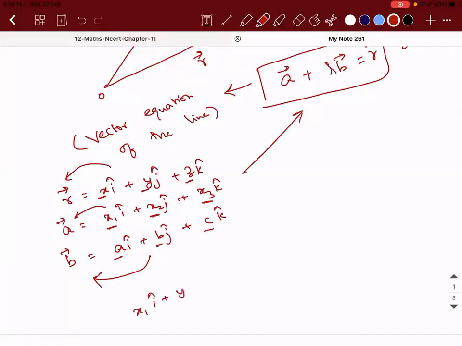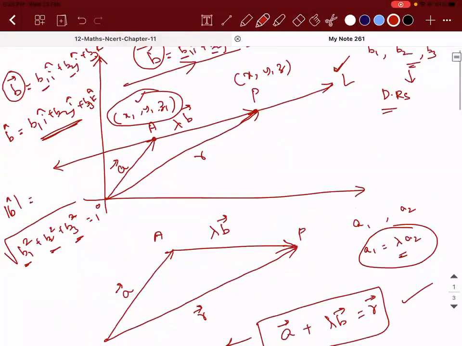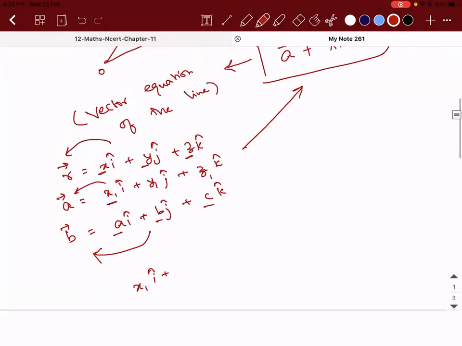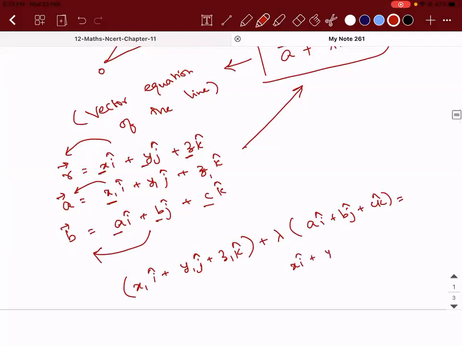I'll make it as X1, Y1 and Z1, because those are the coordinates. So X1 i cap plus Y1 j cap plus Z1 k cap plus lambda times a i cap plus b j cap plus c k cap is equal to R vector, which is x i cap plus y j cap plus z k cap.